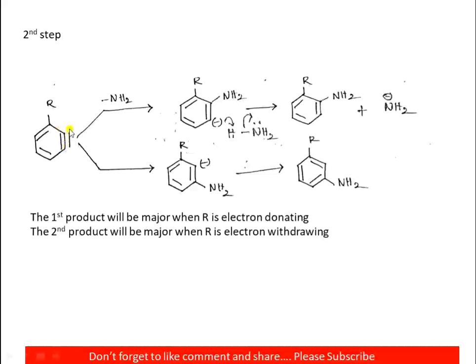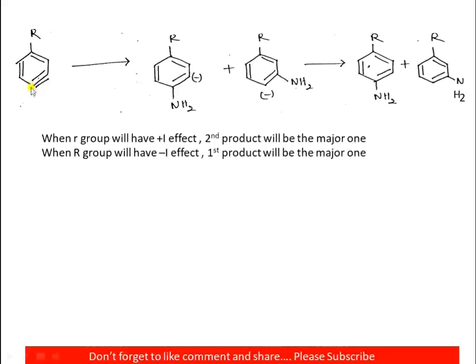Remember, this benzyne is called 2,3-aryne because it involves the C2 and C3 carbon atoms of the benzene ring, and this benzyne intermediate is called 3,4-aryne because it involves the C3 and C4 carbon atoms of the benzene ring.